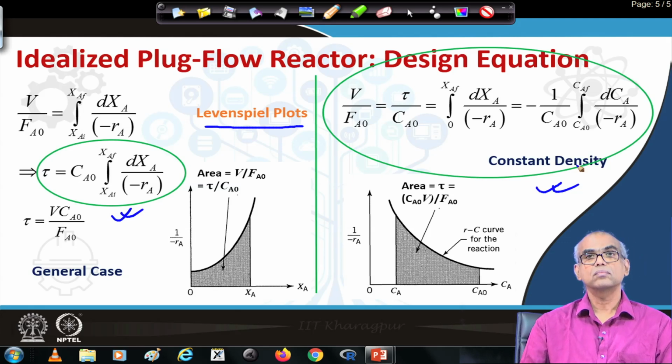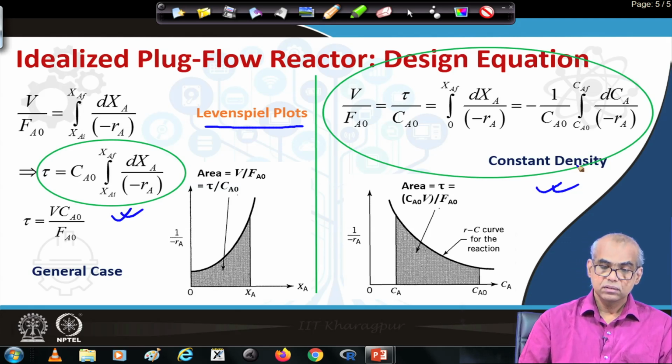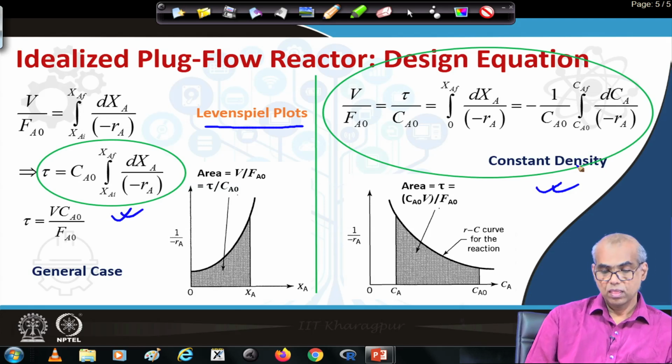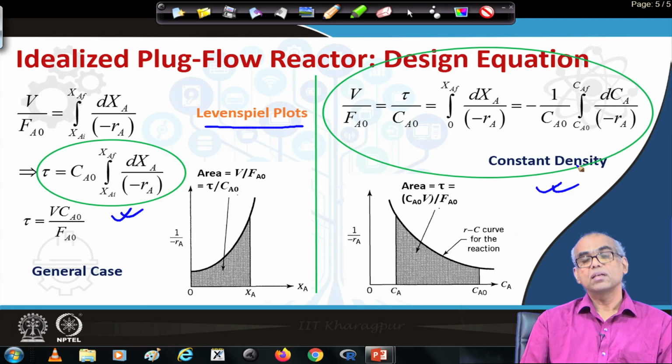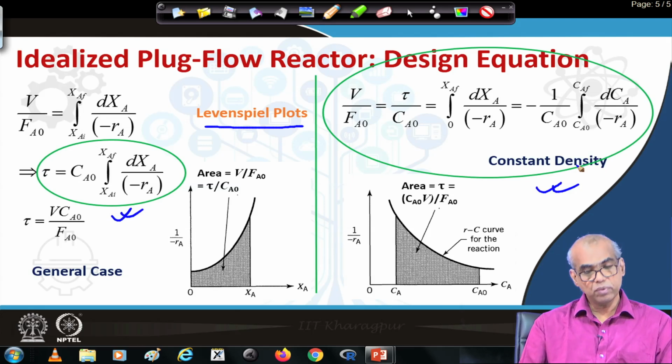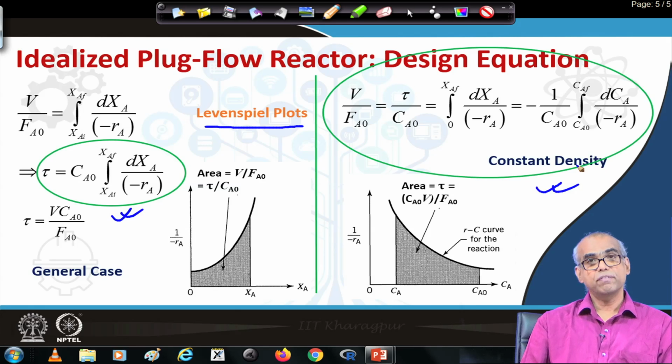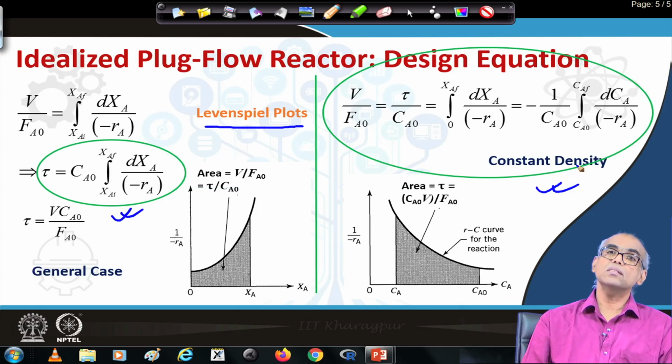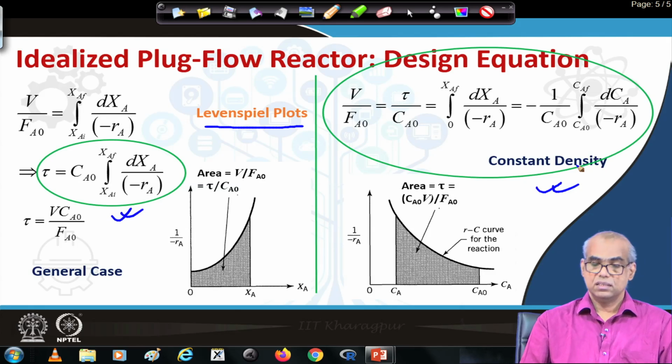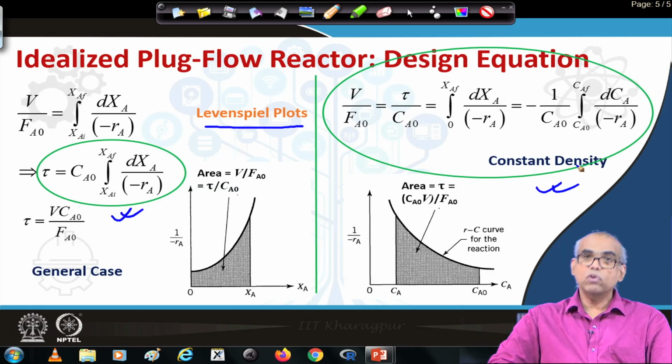So, everywhere we are making a plot of reciprocal of rate versus concentration or conversion, and we can get the volume information for CSTR and plug flow reactor looking at this area, either area under the curve for the plug flow reactor or the entire shaded area for CSTR. For batch reactor, you get the information on time required for achieving a given conversion.